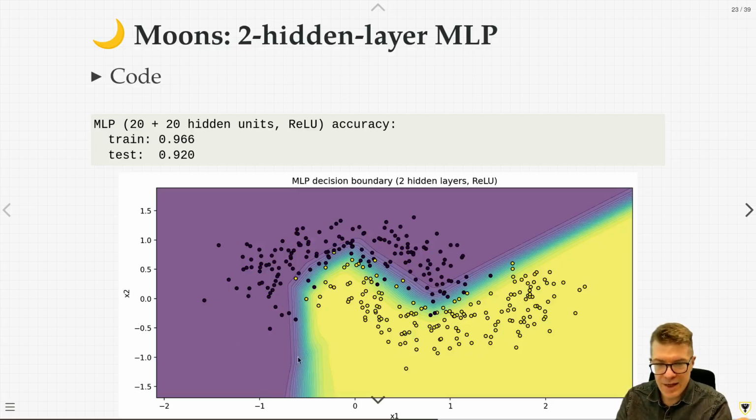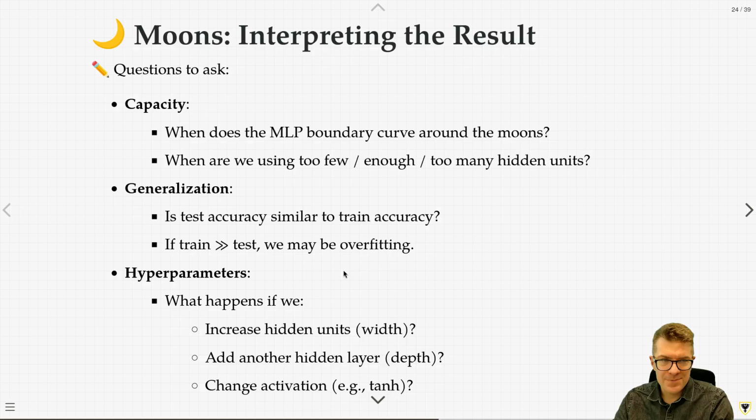And indeed, just visually, this is a lot closer to what I was aiming for. This decision boundary between the purple and yellow regions is not perfect, but it does hug the region pretty well. And you can see it really does a good job of separating things out in a nonlinear fashion. So things seem to be working out pretty well.